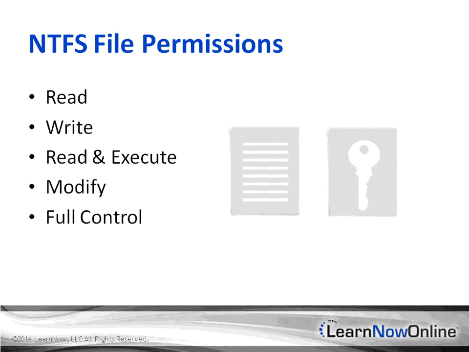Modify means I can modify that particular file or its permissions, and then full control. So those are the 5 major categories of permissions in NTFS. Now, each one of these has subcategories of permissions, but these are the 5 that you need to remember.